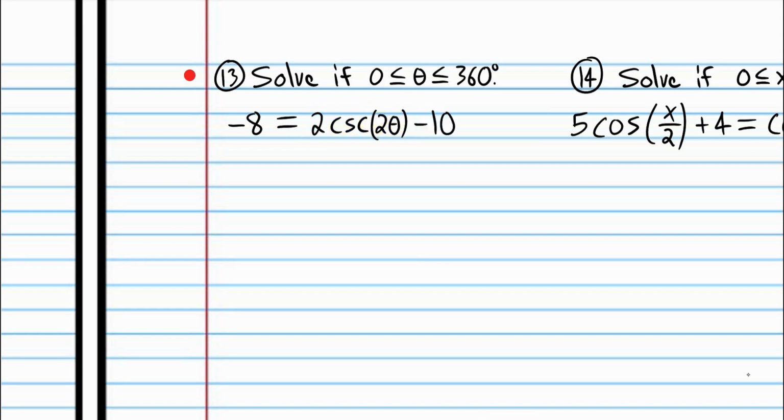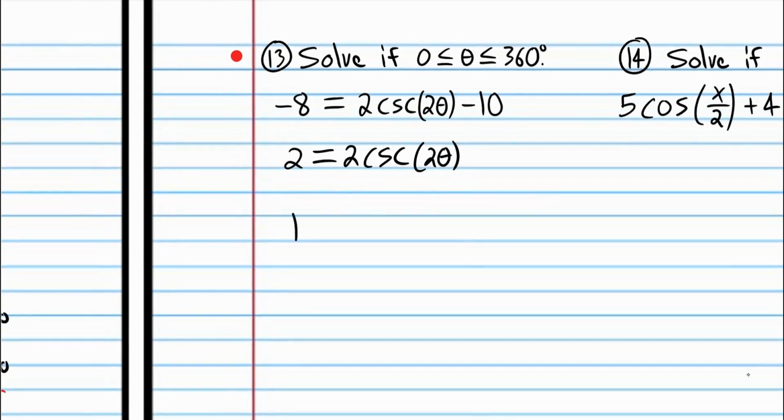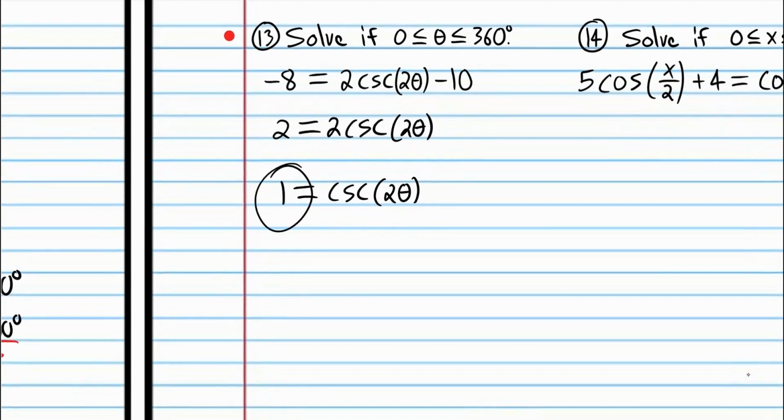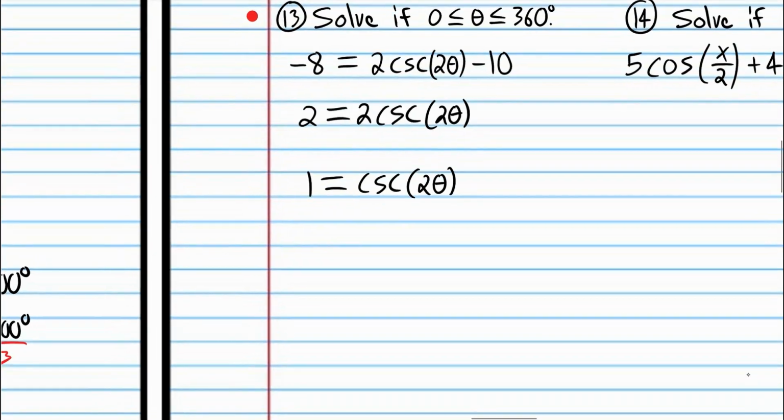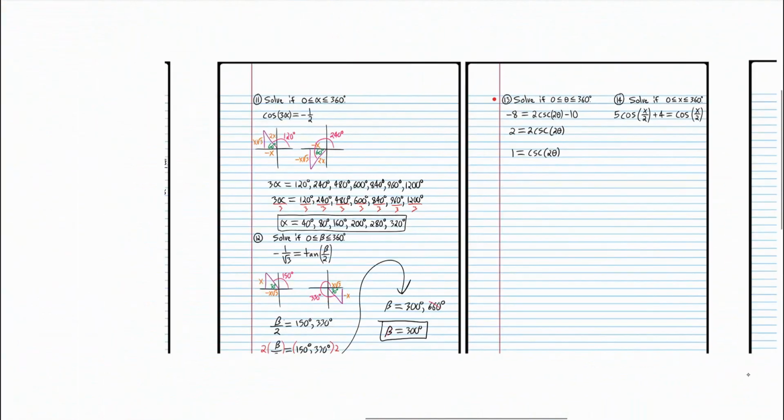So we're going to add 10 to both sides. And divide both sides by 2. And you can see that we have a collapsed triangle. Tangent or cotangent can be equal to 1, but not cosecant unless we have a collapsed triangle.